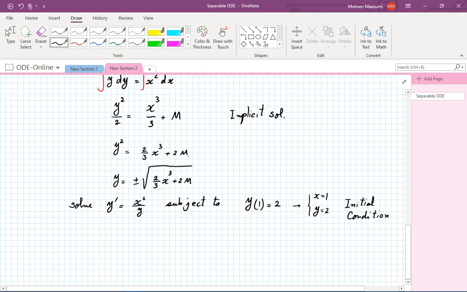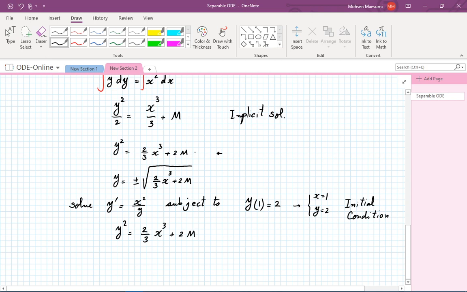So I just take this problem. Suppose we have gone as far as any of these stages. For example, I pick this one. It doesn't really matter which one you pick. So let's start with that. y squared is equal to 2/3 of x cubed plus 2m. Typically, at the very first stage of solution, we go ahead and apply our initial condition.